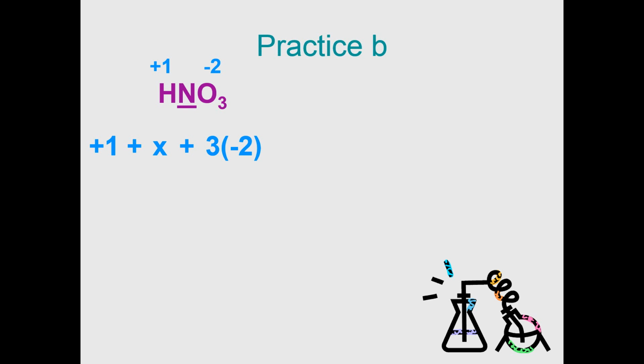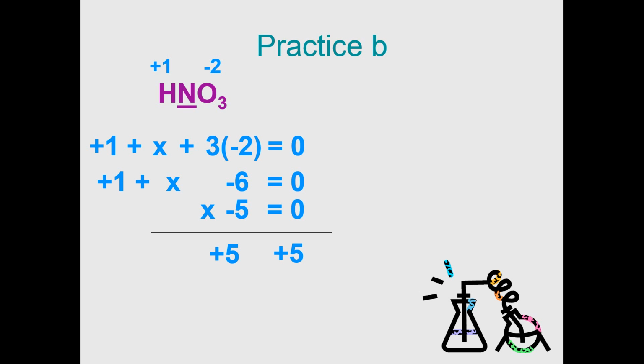This one's a little bit longer than the ones that we've seen so far. I'm going to simplify it down a little bit and combine these two things on the left side. So I'm going to combine the positive 1 with the -6, and that comes out to -5 plus x equals 0. You add 5 to both sides, and x equals 5.